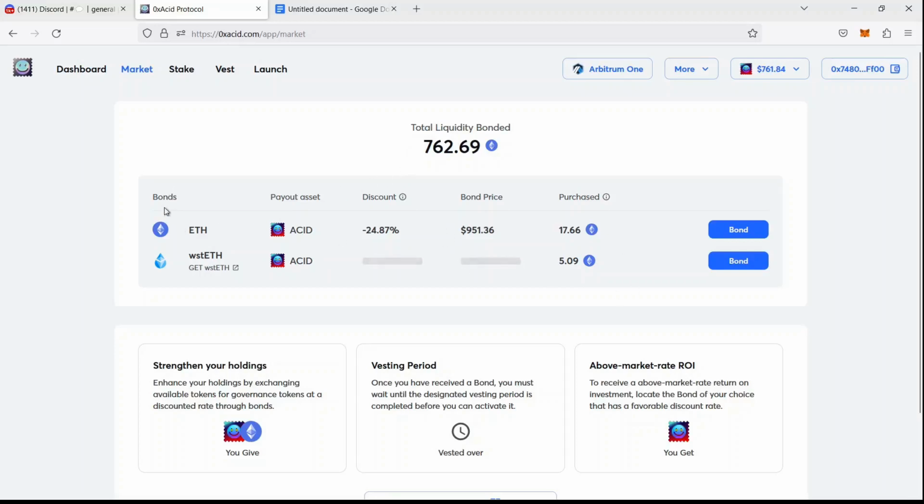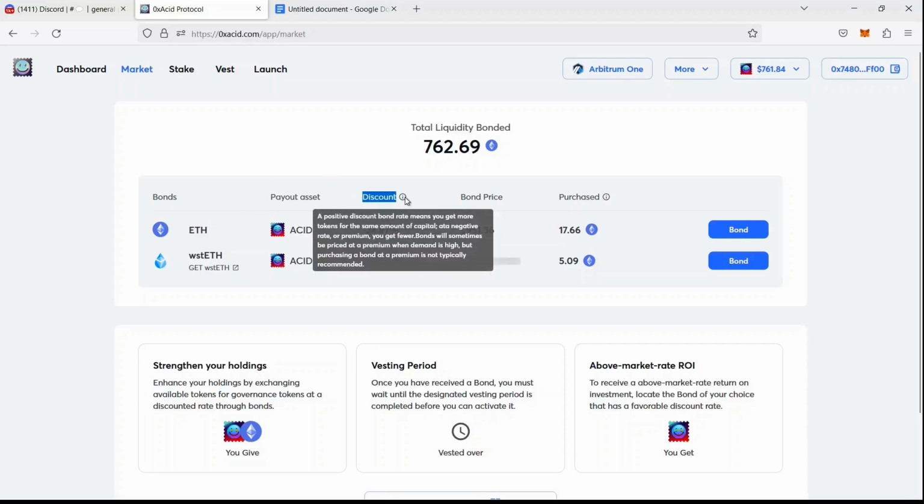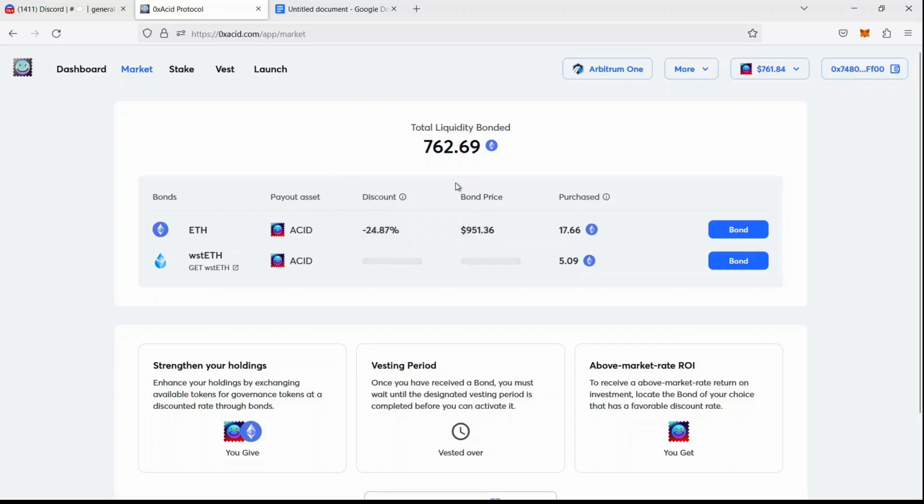So people pay ETH or wrapped liquid stake ETH to the treasury, and in return the treasury will give them asset tokens at a discounted value. Now, one thing to keep in mind is right now, as we are creating this video, the discount is negative.